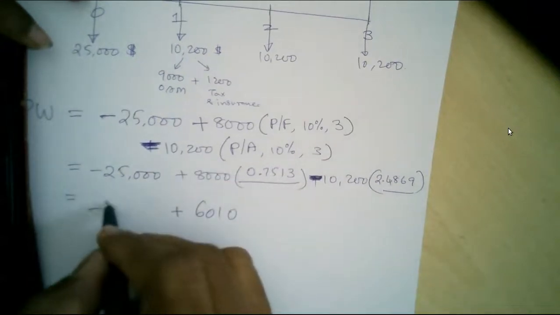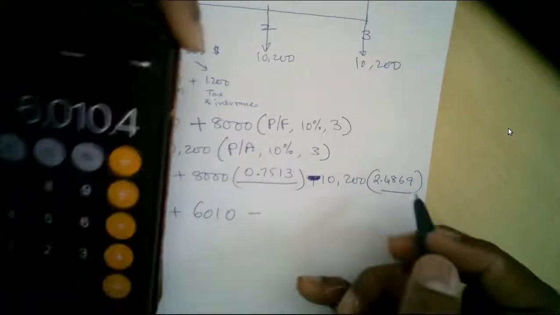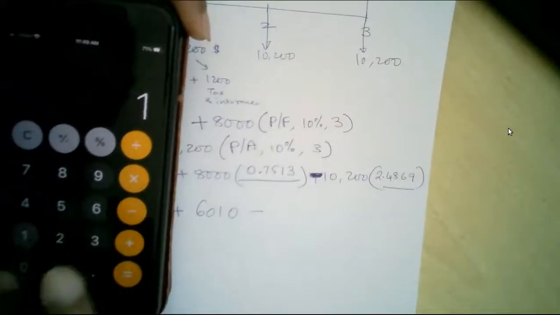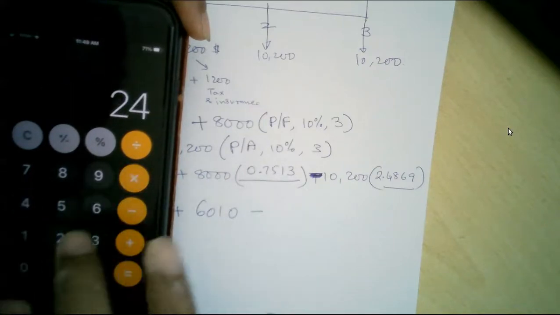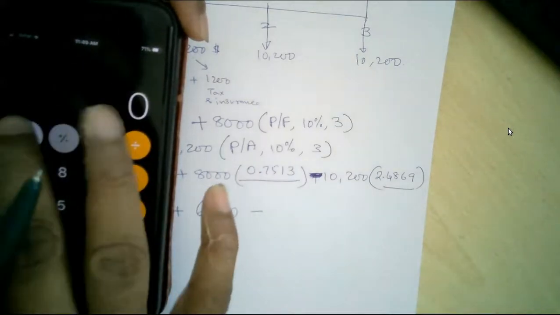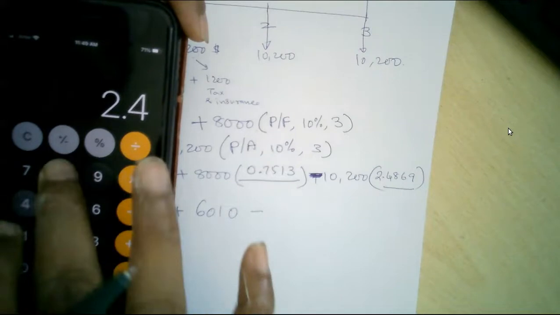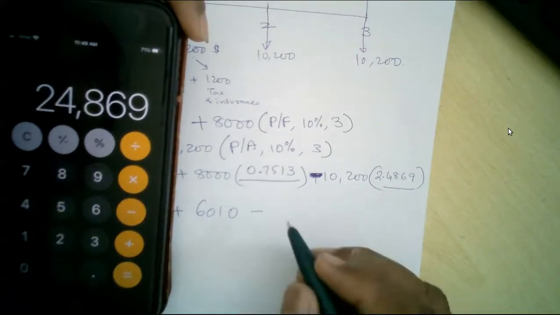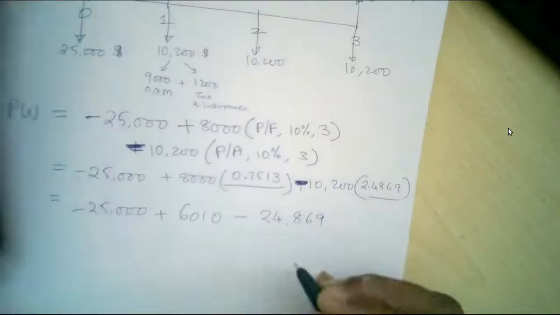Minus 25,000, and this will be minus 10,000 multiplied by 2.4869, which is 24,869. So now I got this.